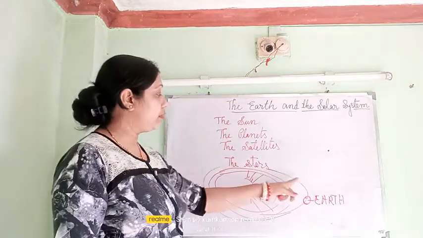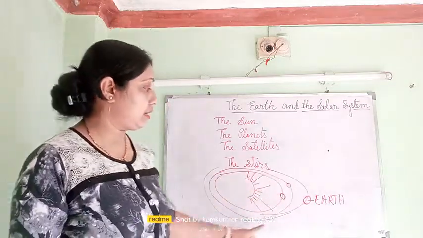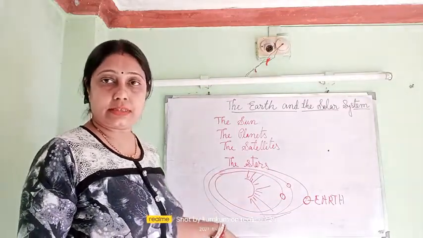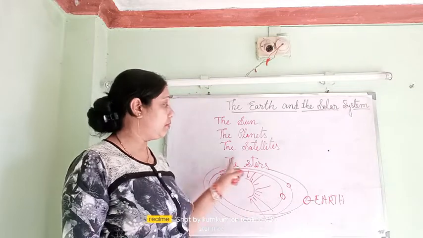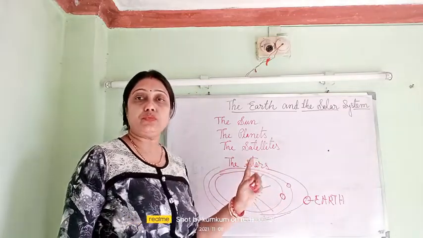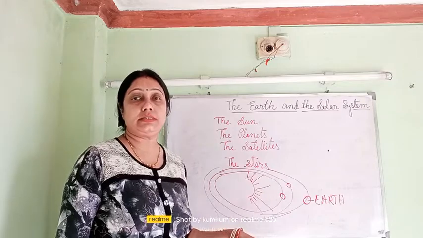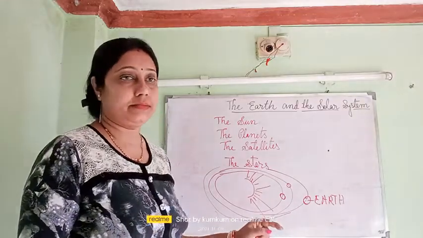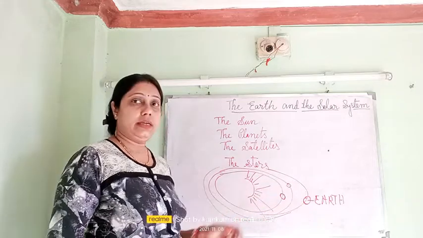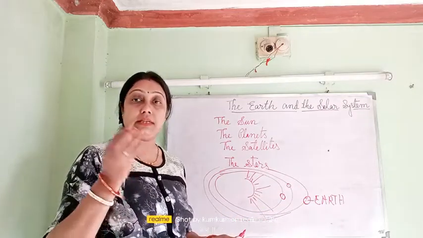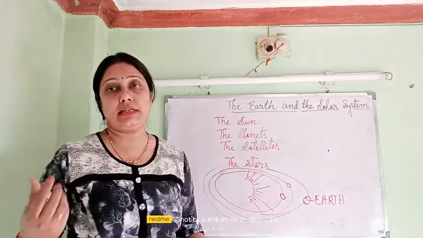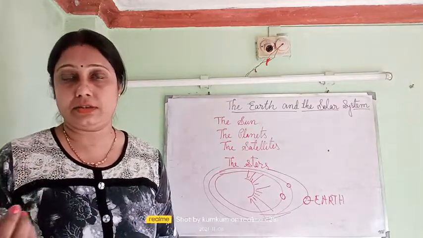It revolves around the sun in 1 year. That means in 365 days it takes one complete revolution. And while revolving, it rotates itself, and thus it causes day and night.